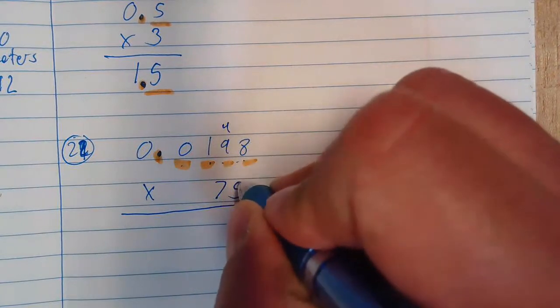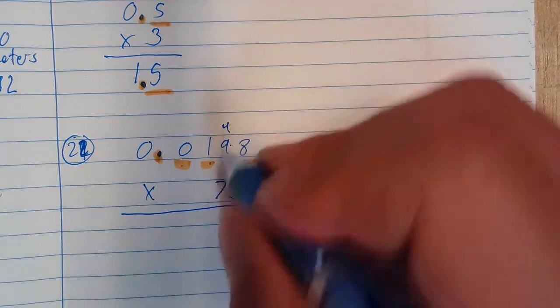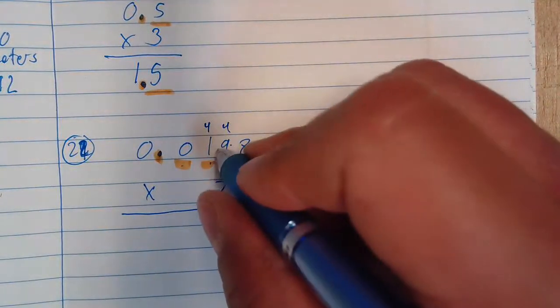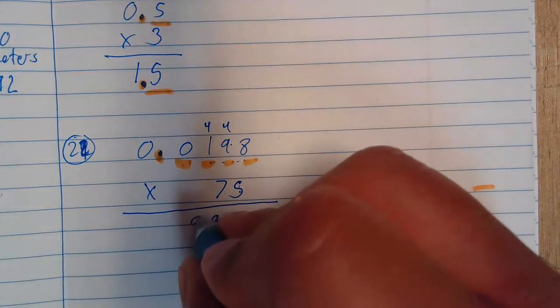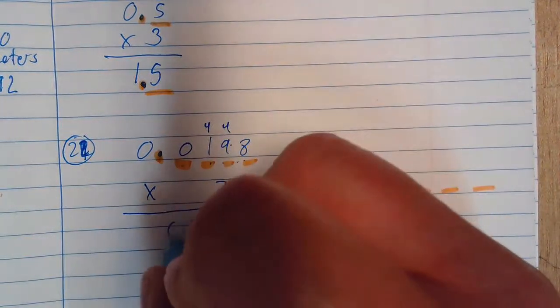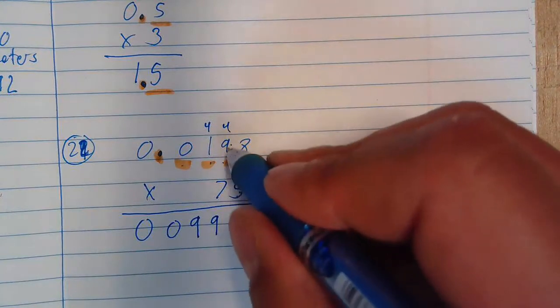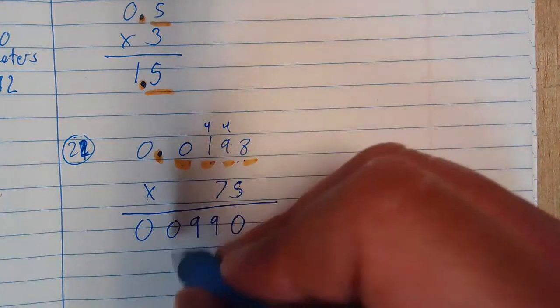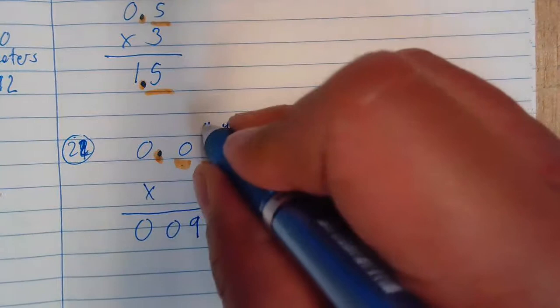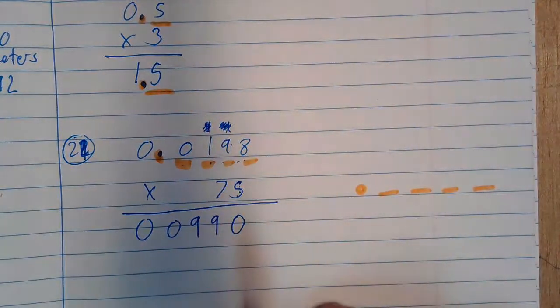There's the 4. 5 times 9 is 45, plus 4 is 49. Carry the 4 again. 5 times 1 is 5, plus 4 is 9. 5 times 0, 5 times 0. I'm trying to make sure I didn't jump around. Perfect. Now I'm going to cover that up because I'm going to do the 7.